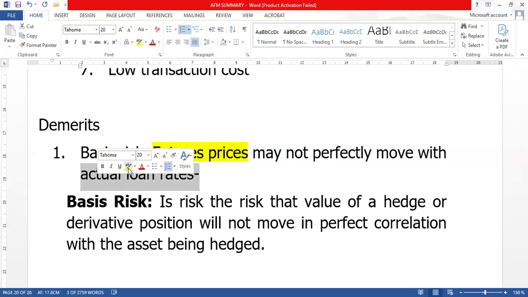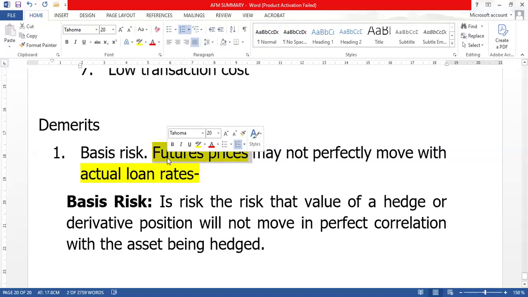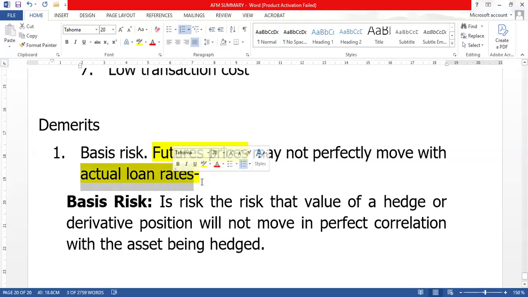You are predicting that the future price may be high, but you find that maybe in May the actual rate is higher or lower compared to what you predicted. Things are not moving in the direction you predicted.